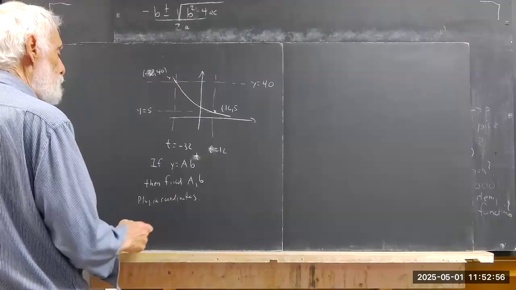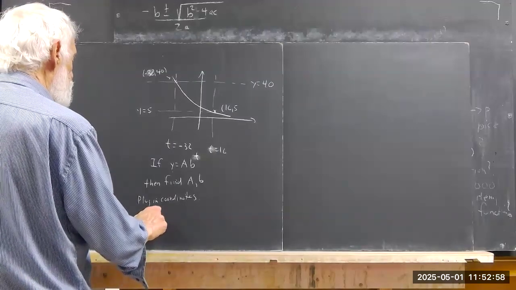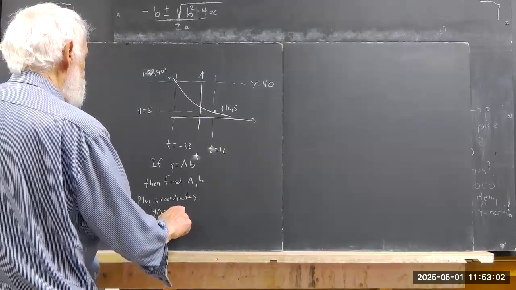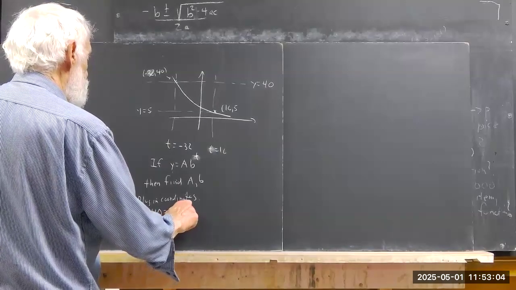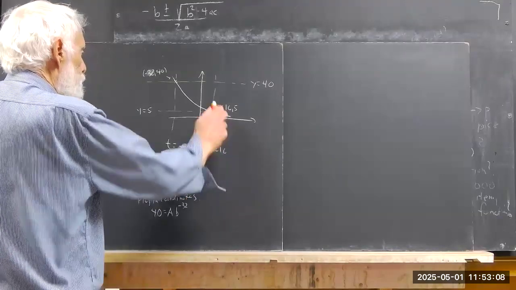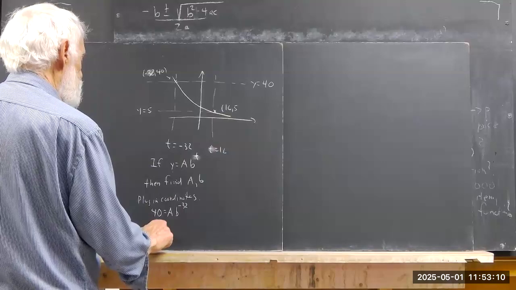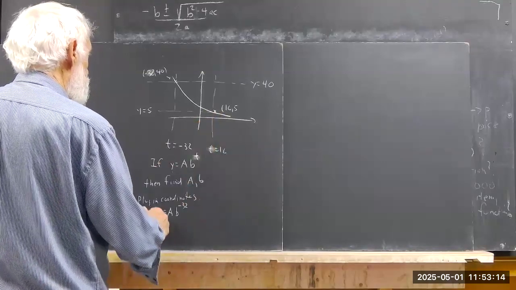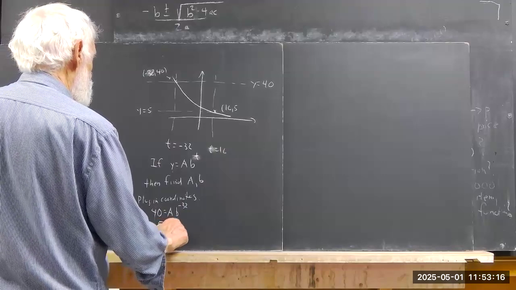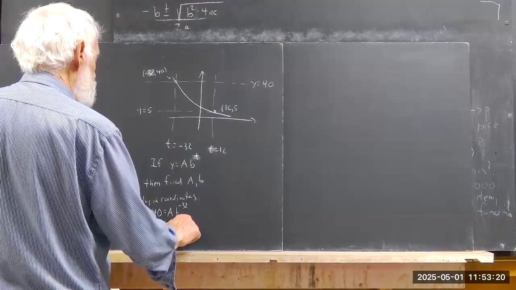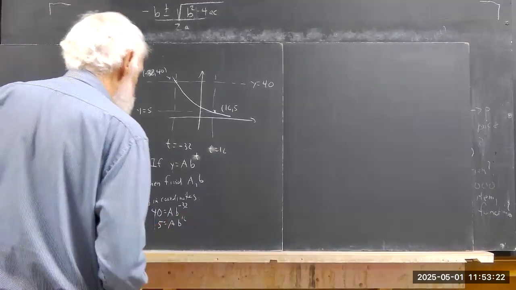Plug in the coordinates of the 2 points. You get 40 equals a times b to the negative 32. At this point, you get 5 equals a times b to the 16th.